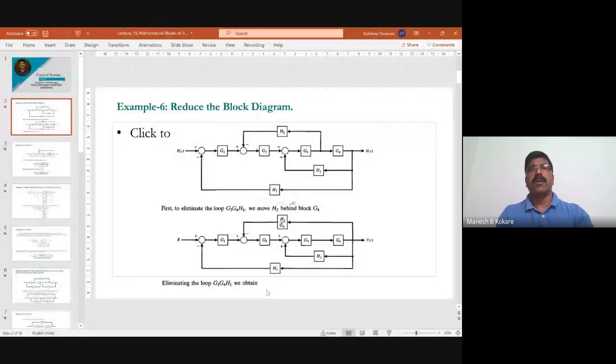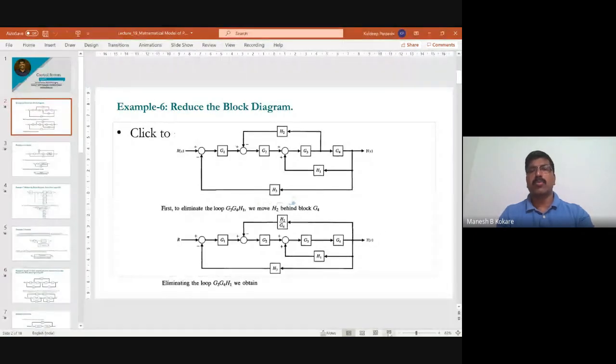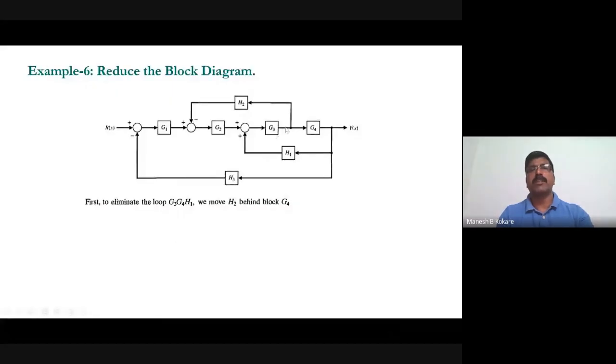For that, we have to shift that takeoff point after the block, after Z4, and then those two blocks will be in cascade. If you shift this takeoff point behind Z4, then Z3 and Z4 will be in cascade form.